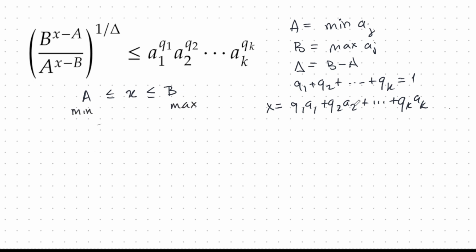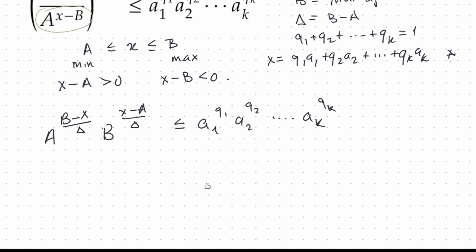And X is a convex combination of these A's, and all the A's are in between big A and big B. So, of course, it's like a centroid or a weighted mean, and it's going to be in the middle. So, in fact, X minus A is a positive number, but X minus B is negative. So we should take this denominator up to the top. That would be more logical. And we get this.